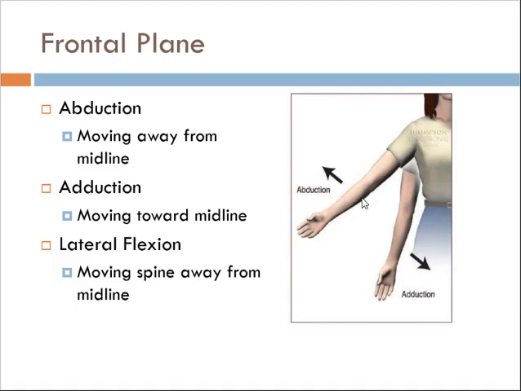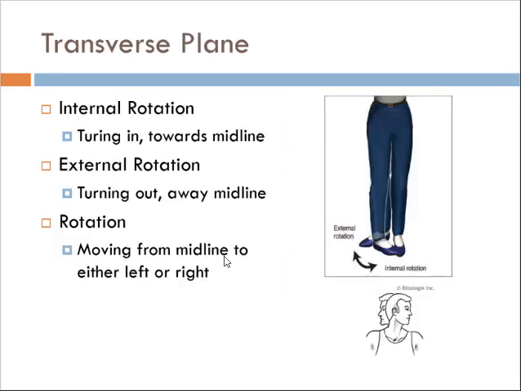To make things more complex, the description of the frontal plane in the appendicular skeleton is different than for the spine, the axial skeleton. When we talk about frontal plane movement from the spine, instead of abduction and adduction, we use the term lateral flexion. So are you side bending to your left? That would be left lateral flexion. Or side bending to your right, that'd be right lateral flexion.